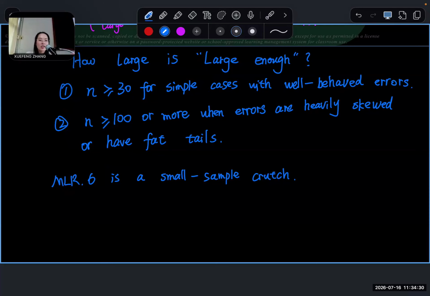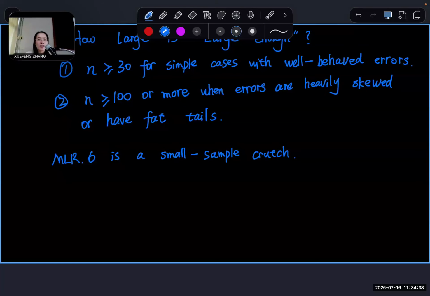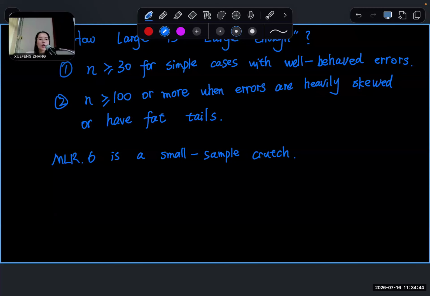In large samples, okay, the central limit theorem automatically gives beta j hat an approximately normal distribution regardless of what the errors look like. So all your t-tests and f-tests remain valid asymptotically, okay, asymptotically. We're gonna talk about testing later.